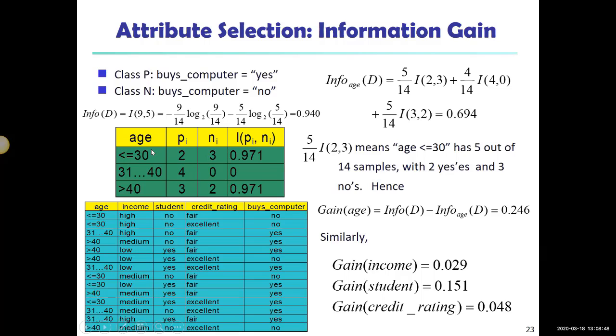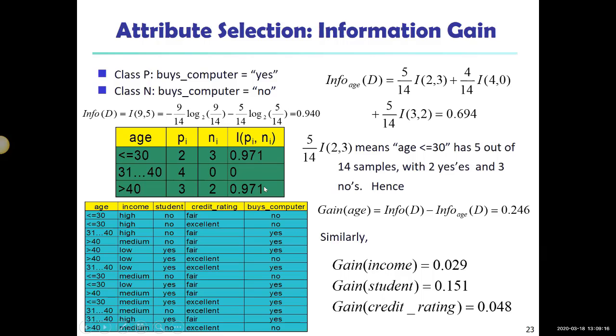For every small group, we can compute its information entropy using exactly the same formula here, except this time we're using 2 and 3 to replace the numbers here. So it will be 2/5, 2/5, 3/5, 3/5. That will give us the information entropy for this portion.